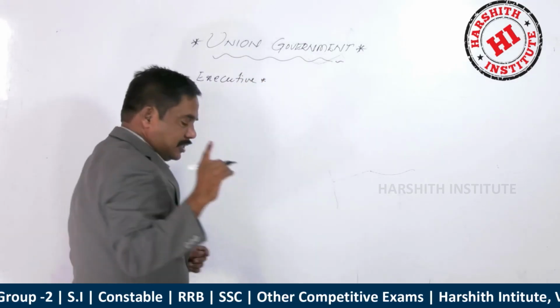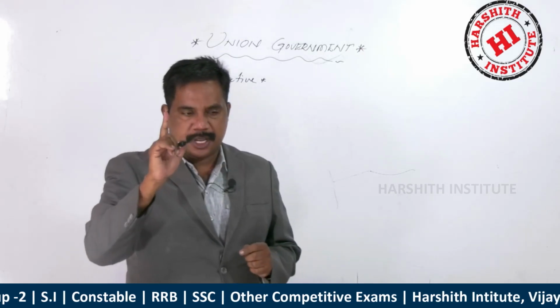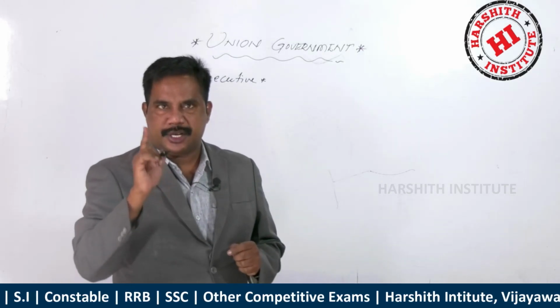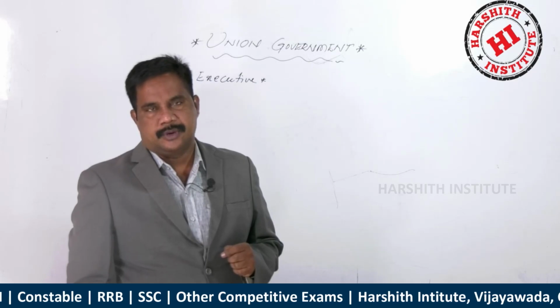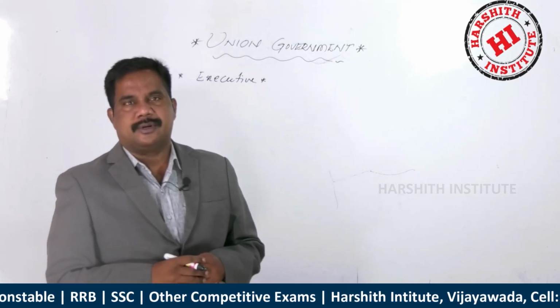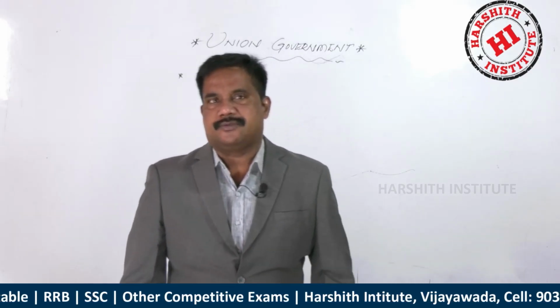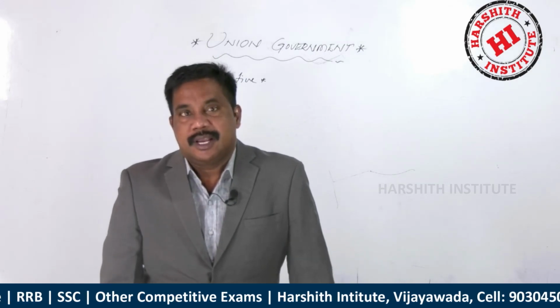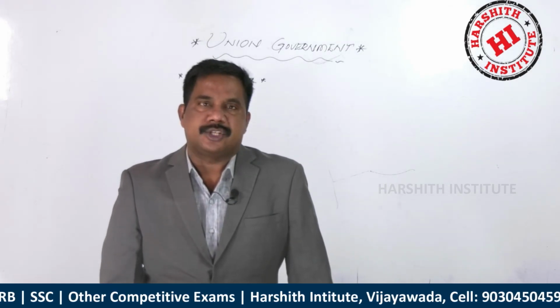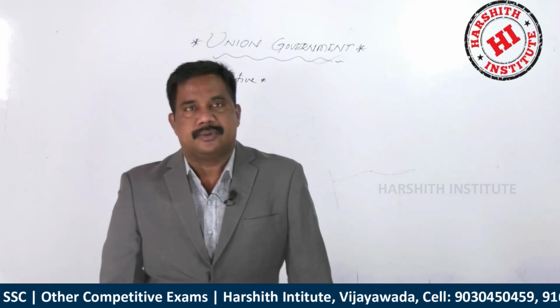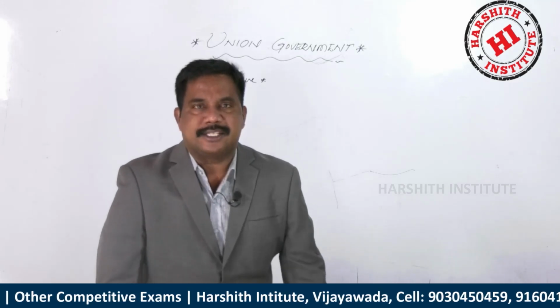Once again, union government has three organs: legislature, executive, judiciary. Now I want to explain about executive first of all. Why? Because the Indian union government system starts with the executive. So what is executive?